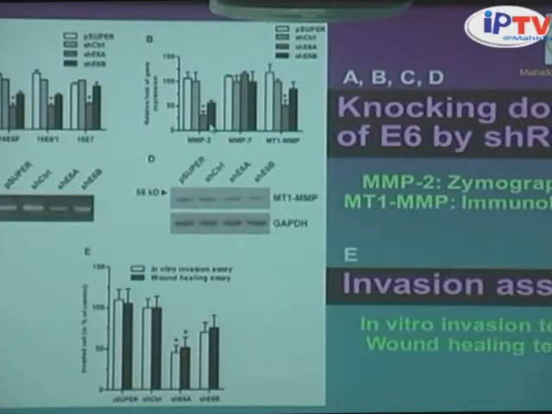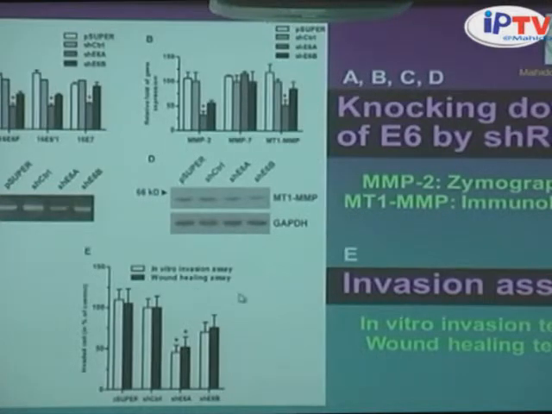Same as when we check for the MMP activity in this knockdown cell line, only MMP2 and MT1 show the effect, but not MMP7. Again, we test the activity of this knockdown cell line using zymography to look for the MMP2 activity. You can see that the knockdown cell line has decreased MMP2 activity, same as decrease of the MT1 level detected by immunoblot.